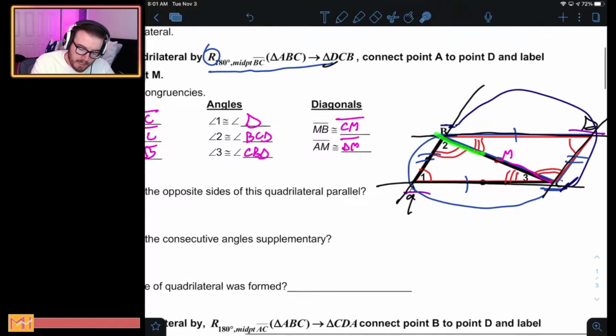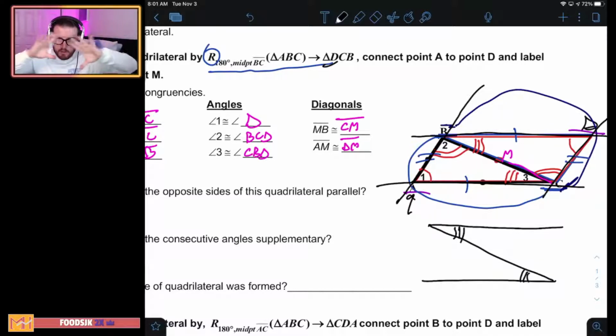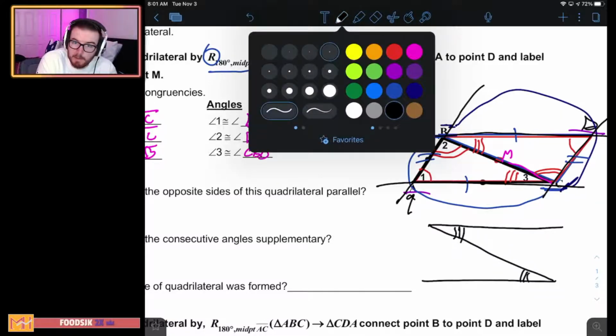What if I just, okay, ignore all of my drawings here. Here's the bottom side, here's the diagonal, and here's the top side. Here's angle 3, and here's that top angle. Look at that. I think it's crystal clear now, right? Because we have alternate interior angles on opposite sides of the transversal that are congruent, therefore they must be parallel, right?